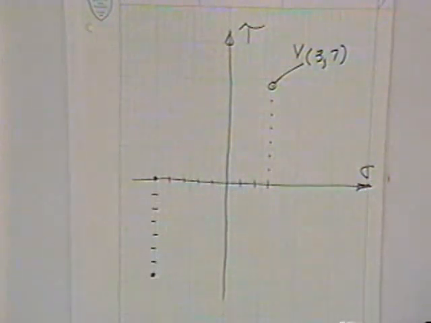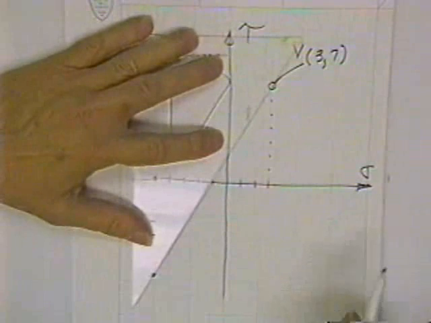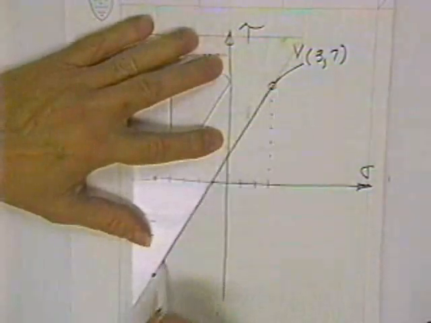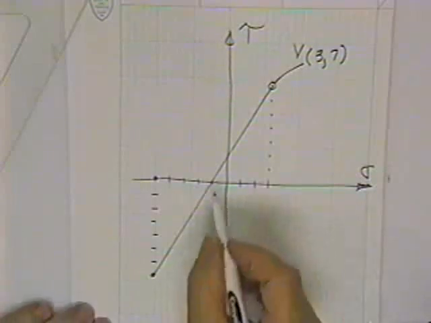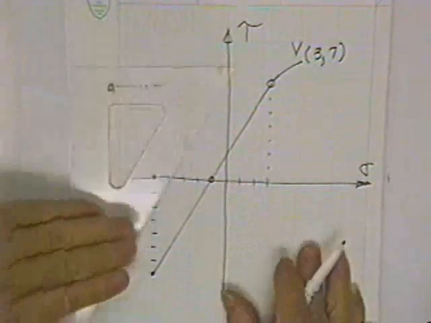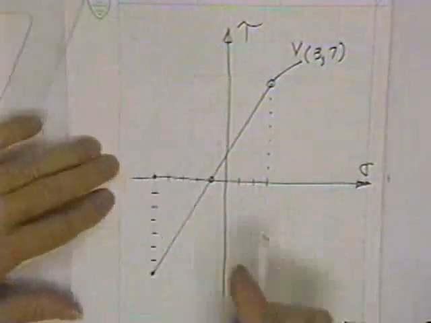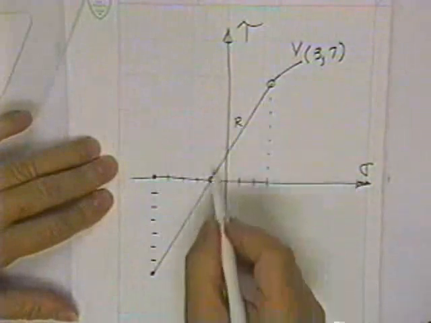Now those are 2 points on a circle, the circle which is defined by those stress equations we had earlier. And since those are 2 points on a circle, all I've got to do is draw a straight line, and that's the diameter of the circle. And therefore this is the center of the circle. And if that's true, then I can tell you how long the radius of this circle is.